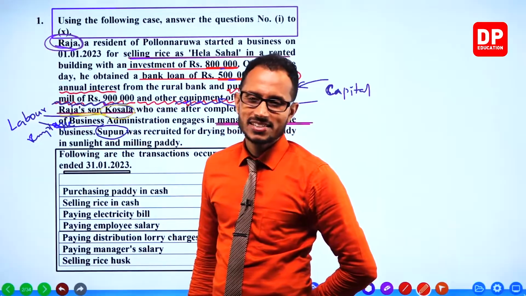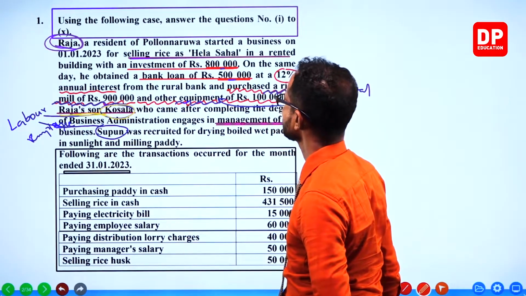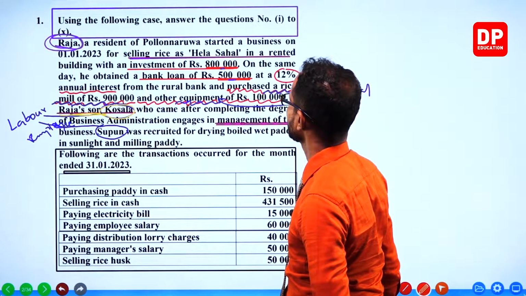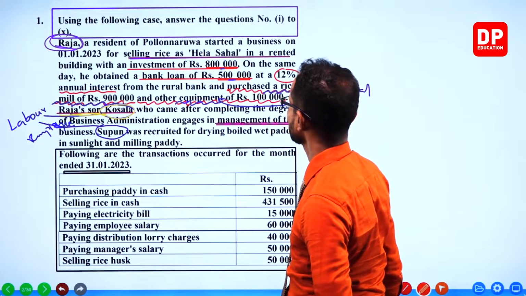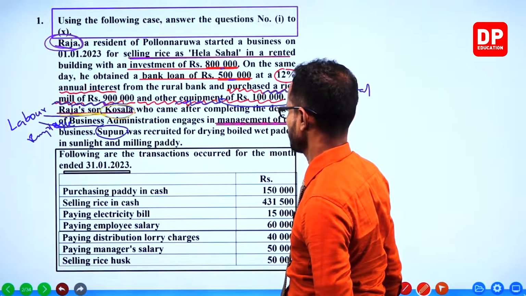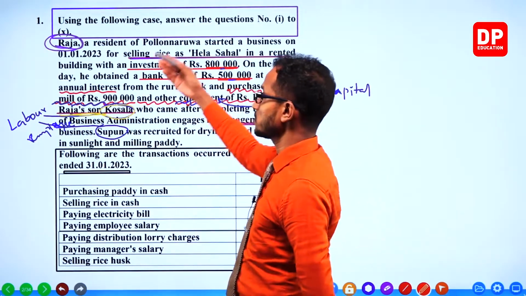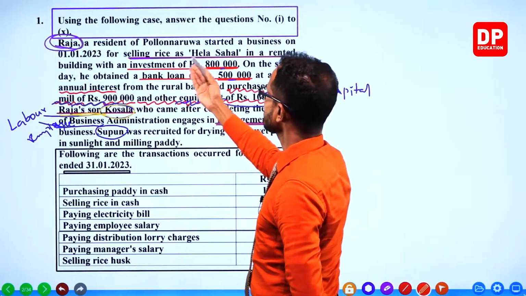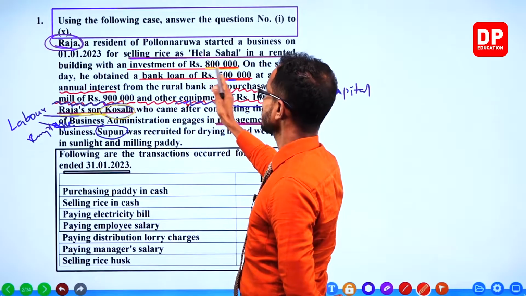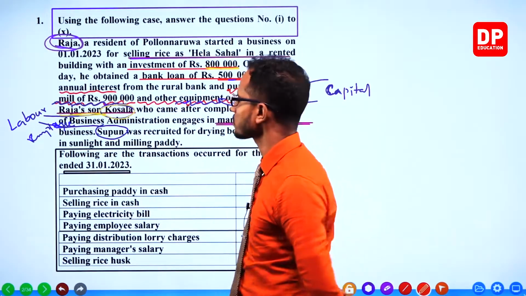He is well educated. Strength. And good financial strength. Raja has started the business with an investment of 800,000. He has money to start the business. So it's a financial strength.